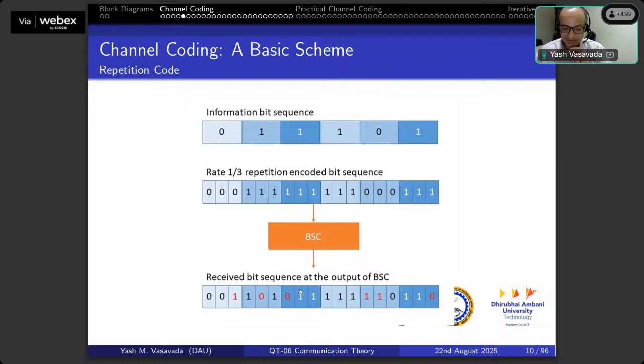So as you make n larger, the chances become even smaller that many bits within the same block get flipped. And so the chances that the channel actually ends up corrupting the information bit, which is this bit, become even smaller.